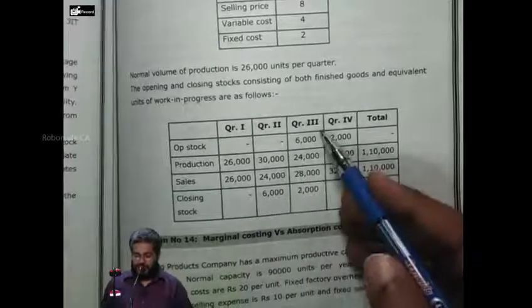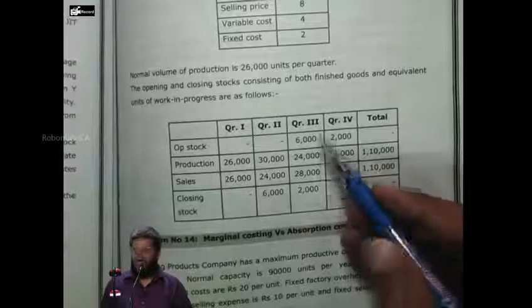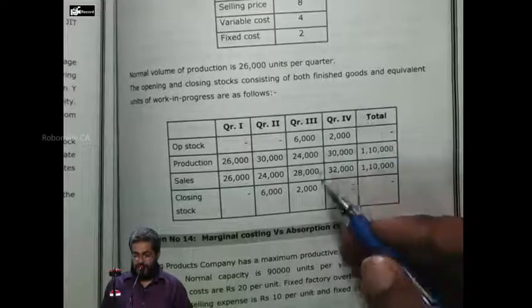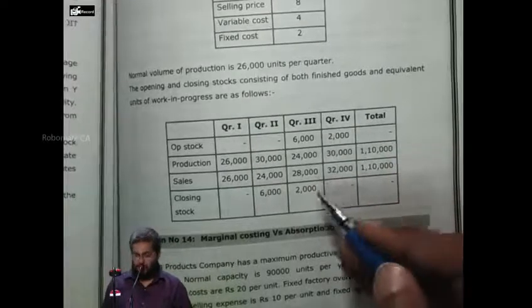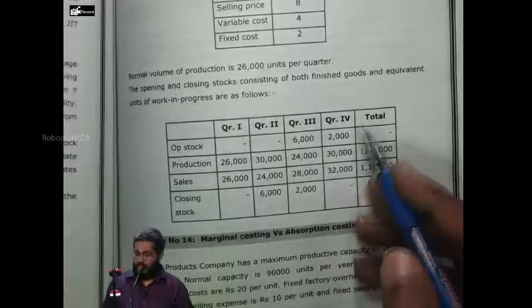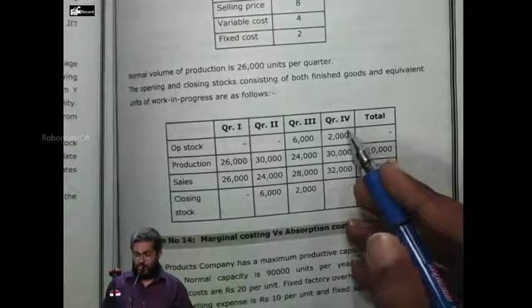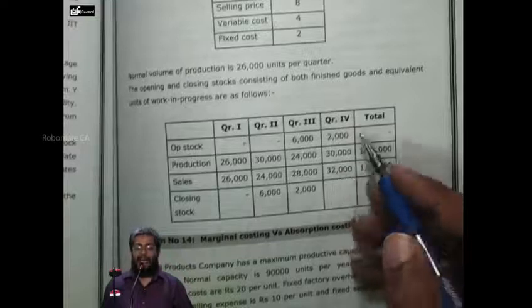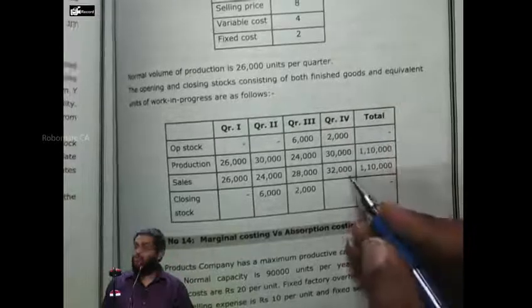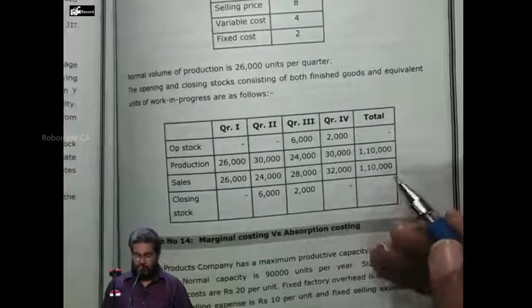Quarter 3, opening 6,000, produced 24,000, available to sell 30,000, sold 28,000, closing stock 2,000. Last quarter, opening stock 2,000, produced 30,000, available to sell 32,000, sold 32,000, and no closing stock.